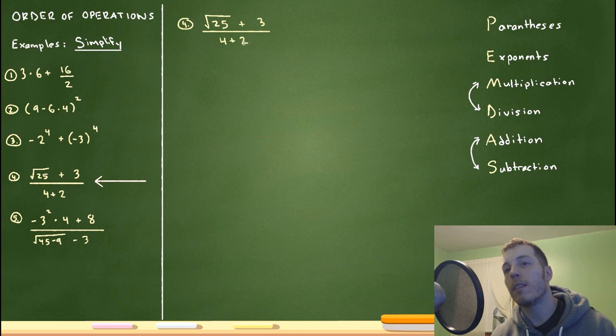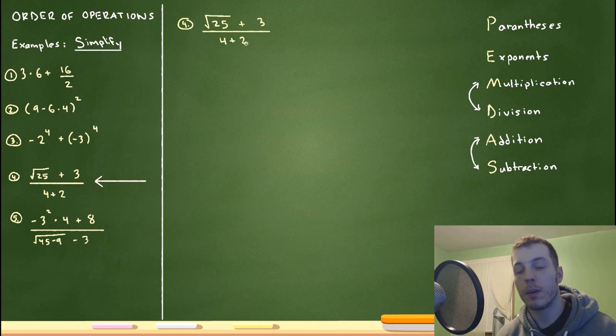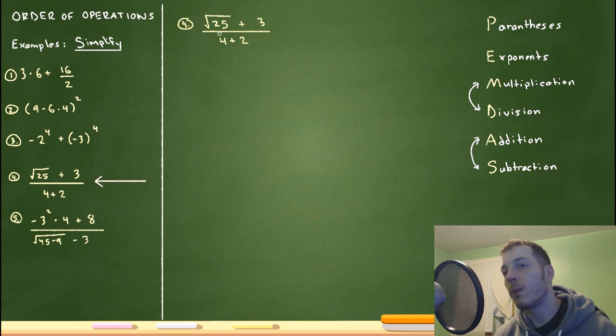But in this case, we do have invisible sets of parentheses. Whenever we're dealing with a fraction here where there's multiple sets of operations on the top and on the bottom, you do want to think about the numerator as being in its own set of parentheses, and the denominator as well being in its own set of parentheses.